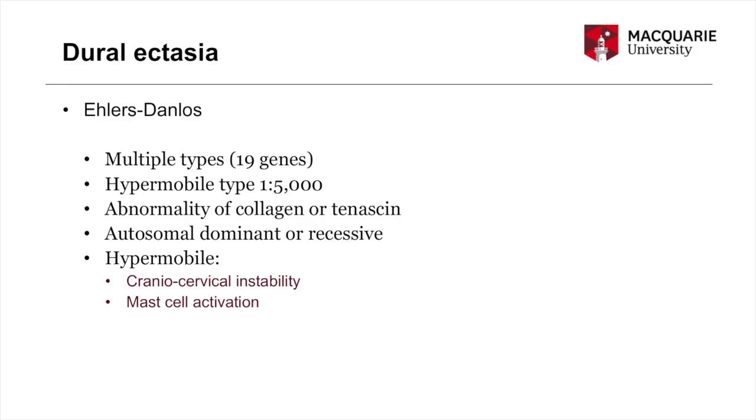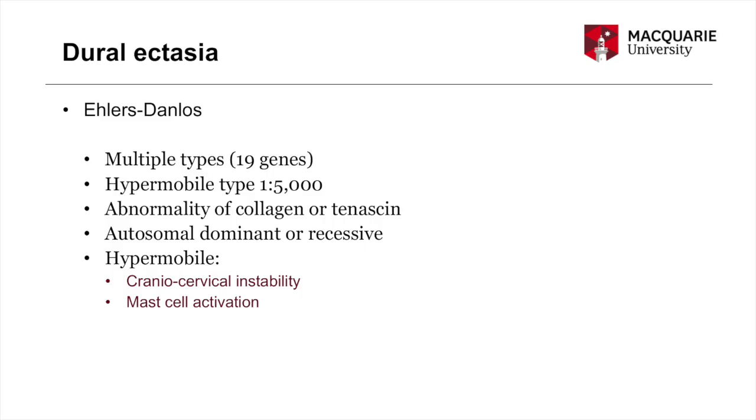Ehlers-Danlos is a fairly heterogeneous condition with multiple genetic abnormalities that can lead to that phenotype. The hypermobile type is the most common, about 1 in 5,000 people. It has abnormality of collagen and another extracellular matrix protein, tenascin. So again, similar to the Marfan and Loeys-Dietz syndrome, where there's an extracellular matrix underpinning to the connective tissue disorder.